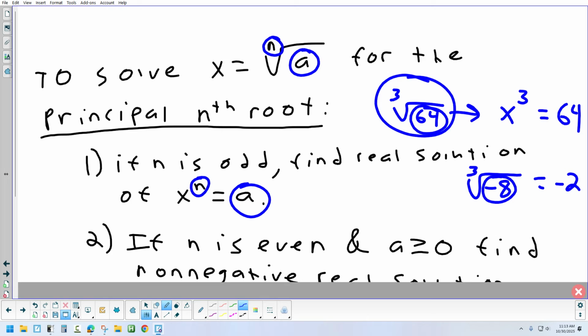Now, even roots, it's a little different. When you're dealing with an even root, and I say find the principal root, the first condition is that the radicand is 0 or higher. Why do we want the radicand to be 0 or higher when you're doing an even root?